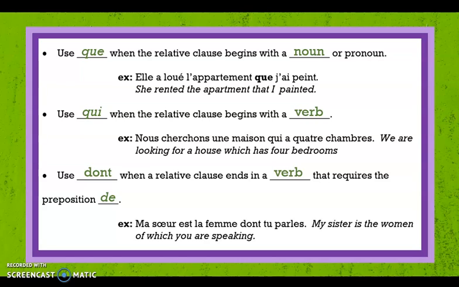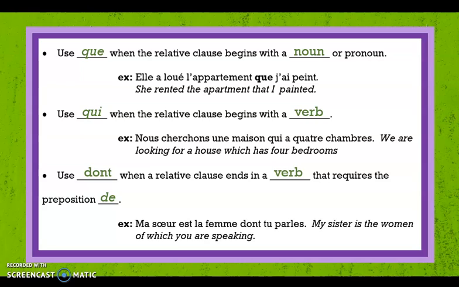In French, you cannot end a sentence with a preposition. In English, we do it all the time. In English, I could say, my sister is the woman you are speaking of. And that's fine, and everybody gets it. But that sentence ends with a preposition. In French, I can't say, ma sœur est la femme que tu parles de.